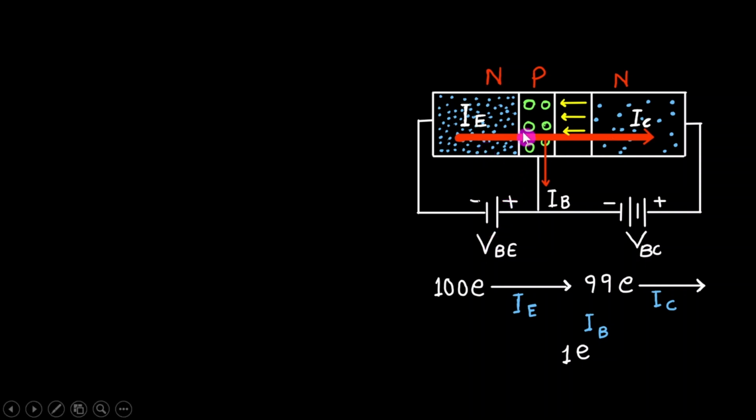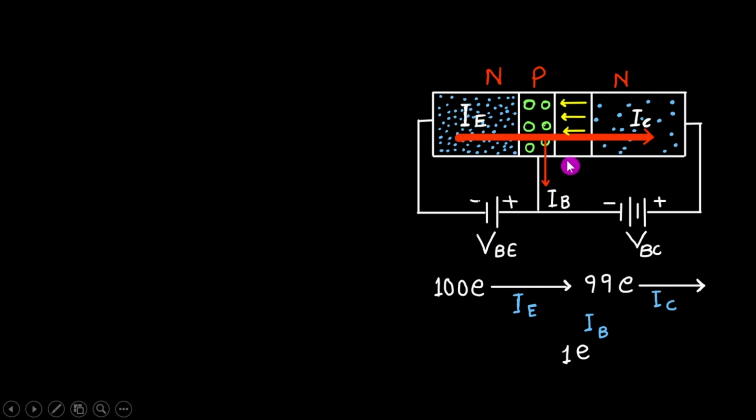You have to remember that in the transistor, the emitter base junction will be forward biased, and the base collector junction will be reverse biased.